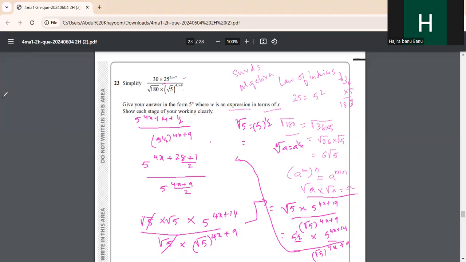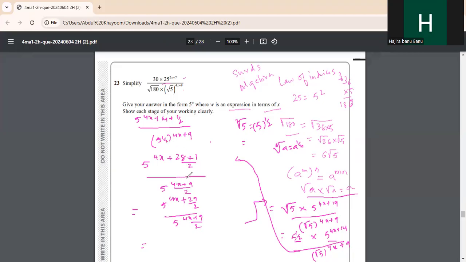Now what we will be doing here is, again here, it will be 5 to the power of 4x plus 29 by, only 29. So it will be 4x plus 29 by 2 divided by 5, 4x plus 9 by 2.